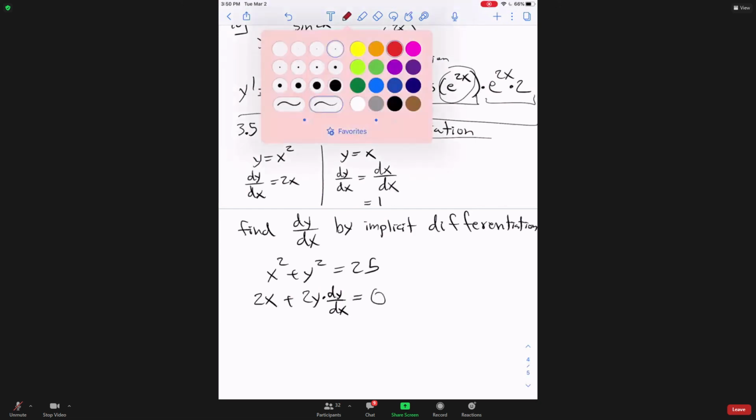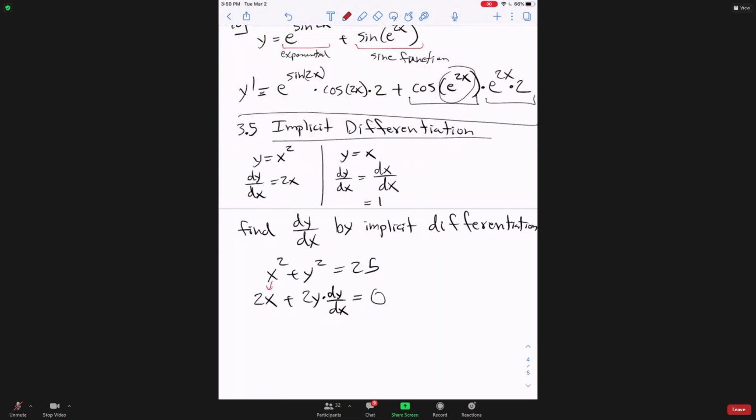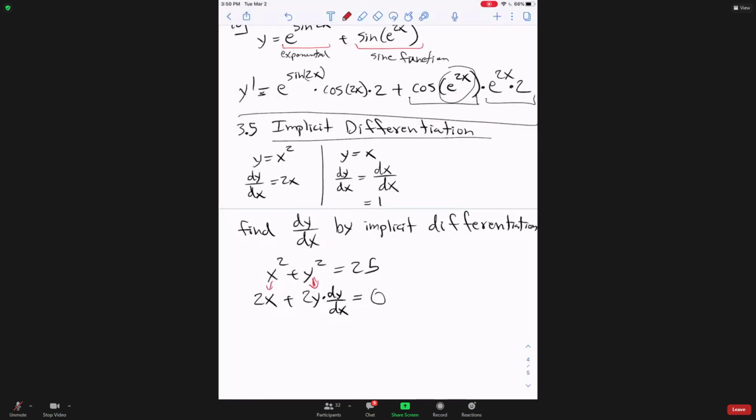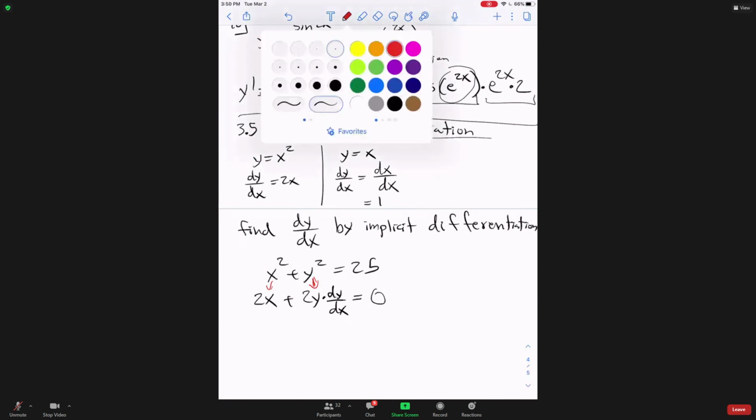We'll discuss it more. So the derivative of x squared is 2x, but the derivative of y squared, why isn't that just 2y? Why is it 2y times dy over dx? Because we're taking the derivative with respect to x. Think of it like this.